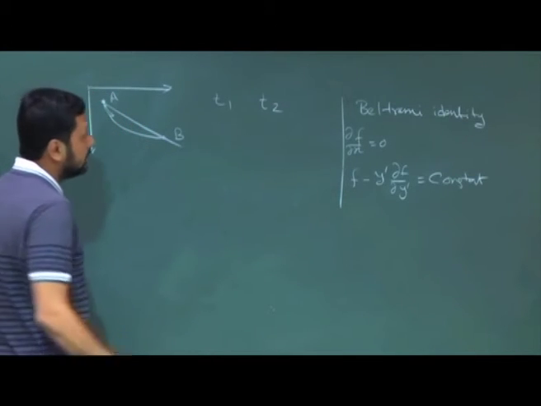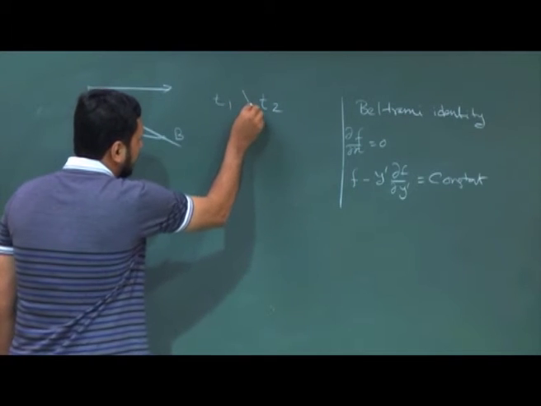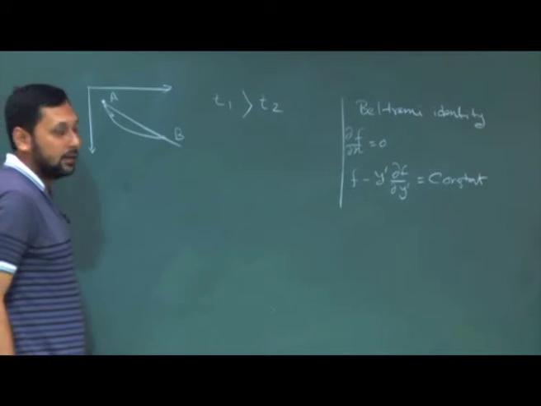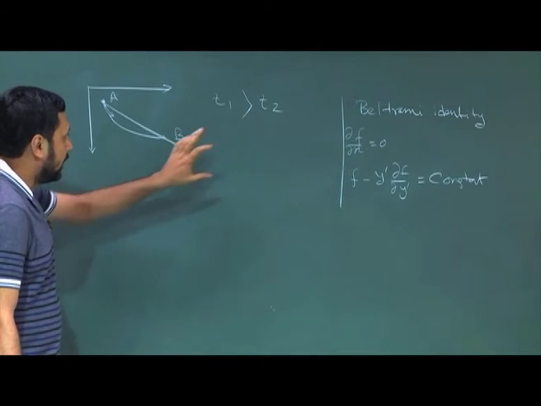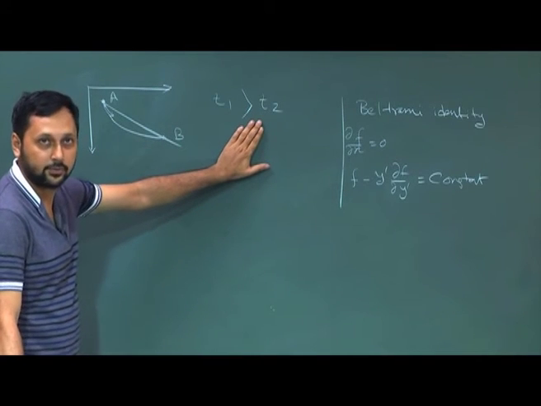It turns out that t2 could be less than t1. So, our job is to find this curve along which the time will be shortest.